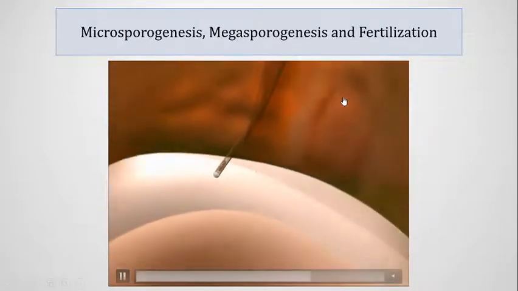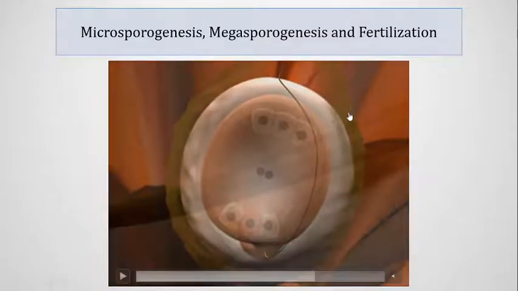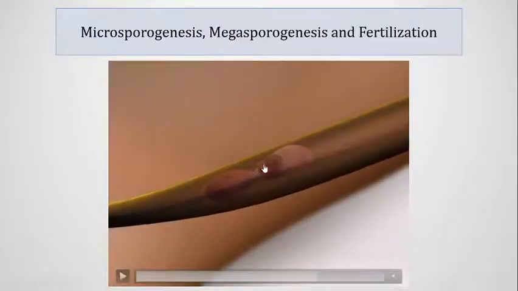So this tube makes a path and travels downward to reach the ovule through the pore of the micropyle. During this travel, the generative nucleus turns into two male gametes.